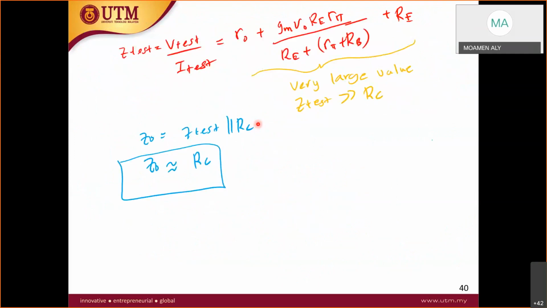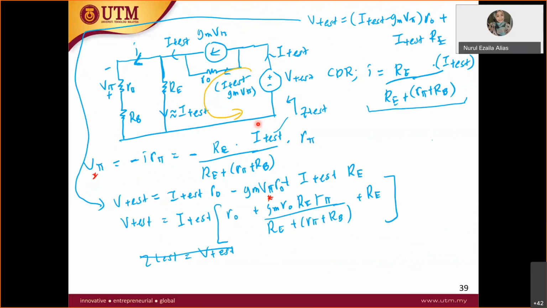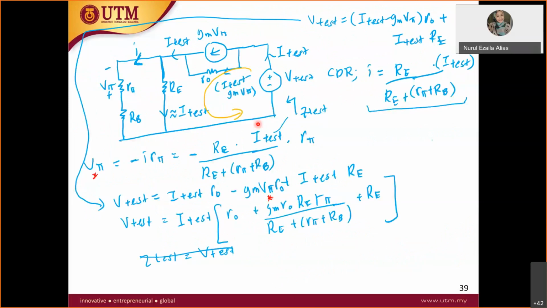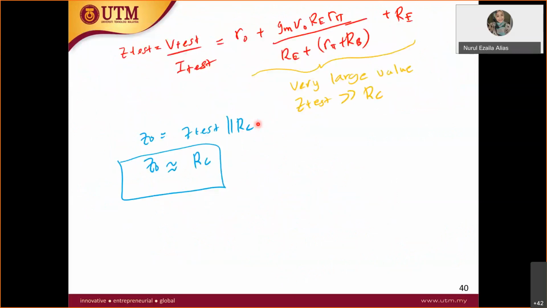Okay, so this is the derivation. I'm happy that I have derived it and explained it to you. We inject the imaginary voltage. I will write it again here, which I haven't saved just now. So finally we get Z naught over RC. So you know why Z naught is equivalent to RC.